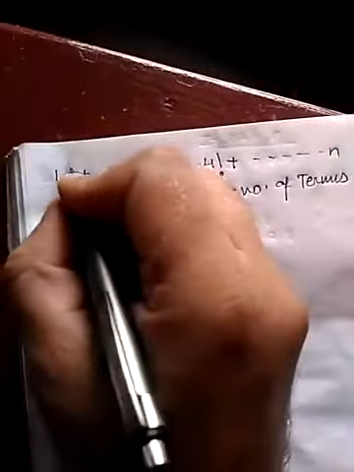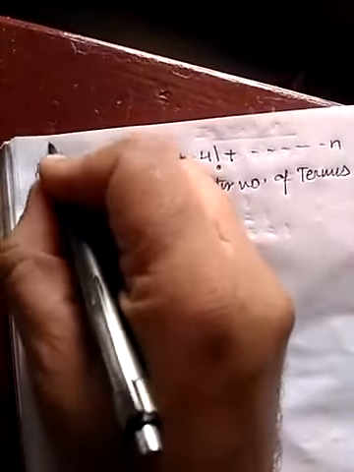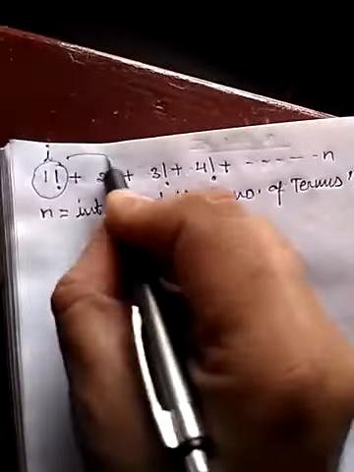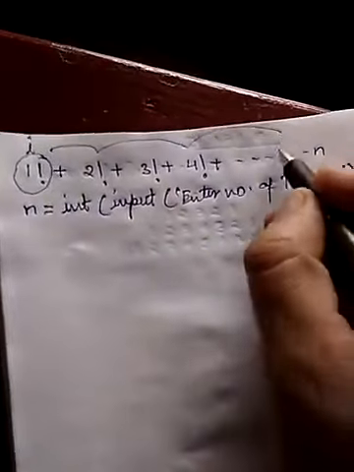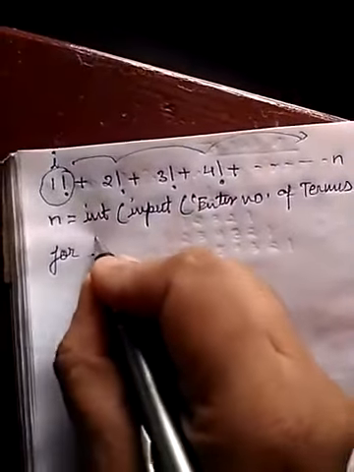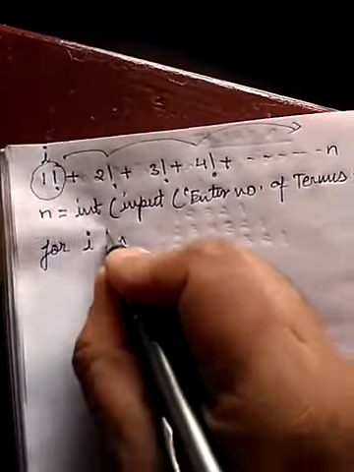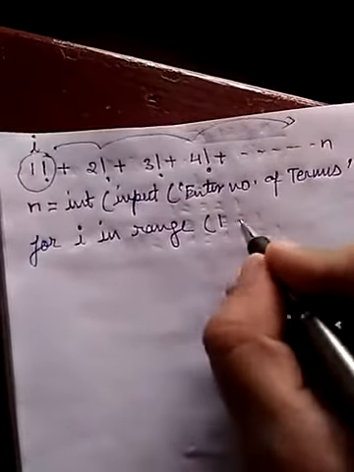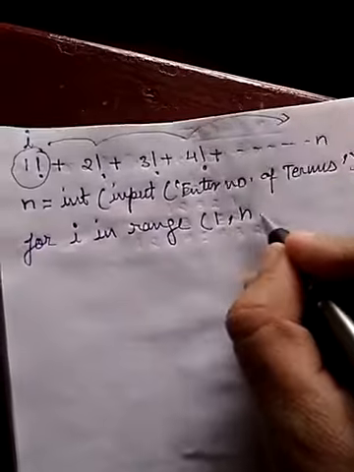Now we see that iteration starts from 1 till n. So I am writing for I in range 1 to n.